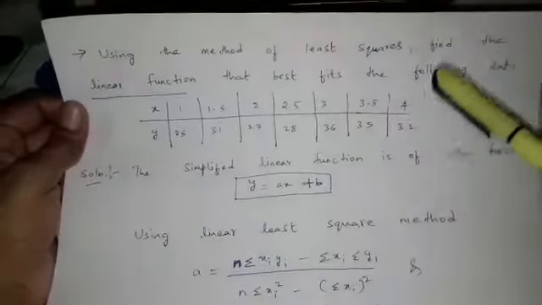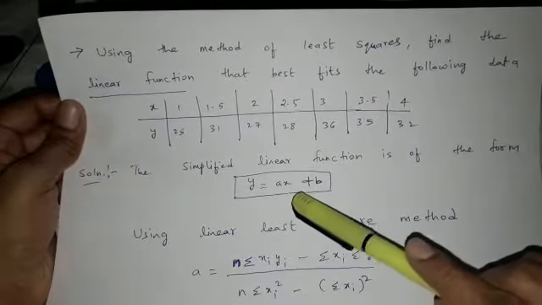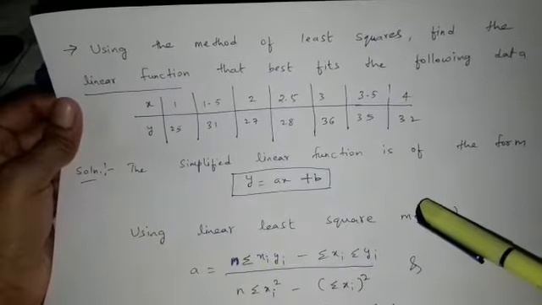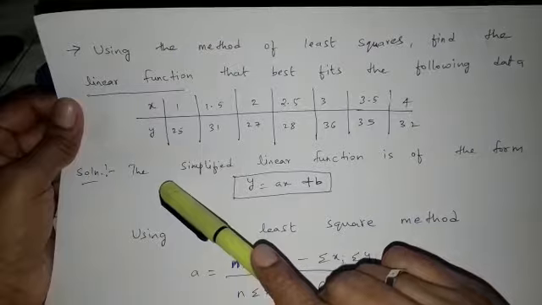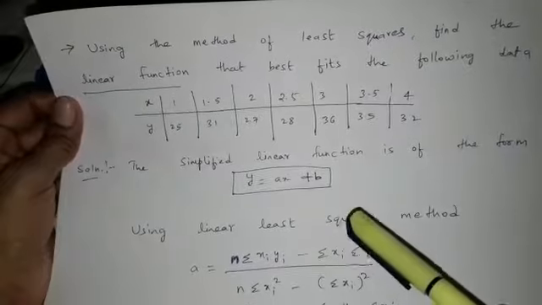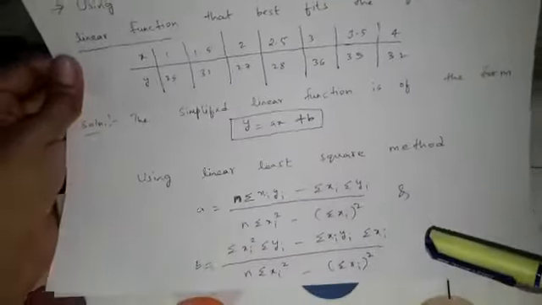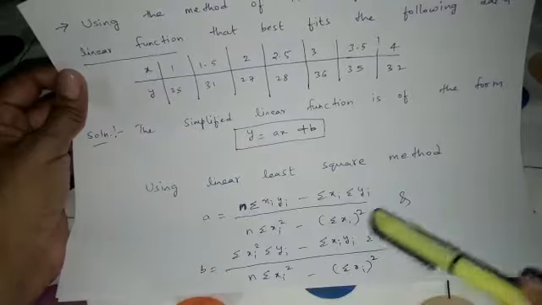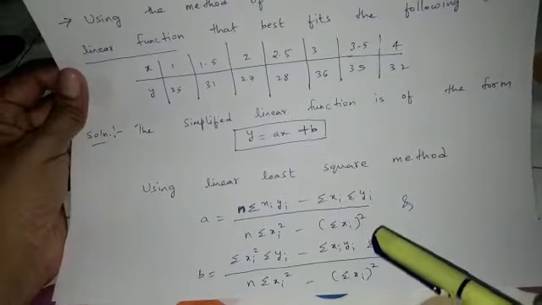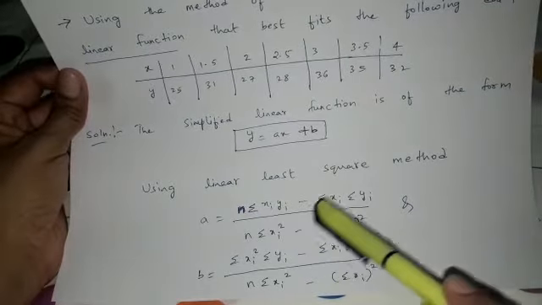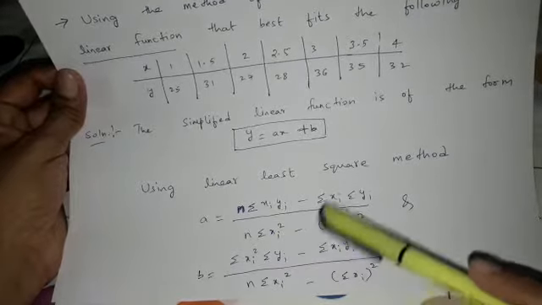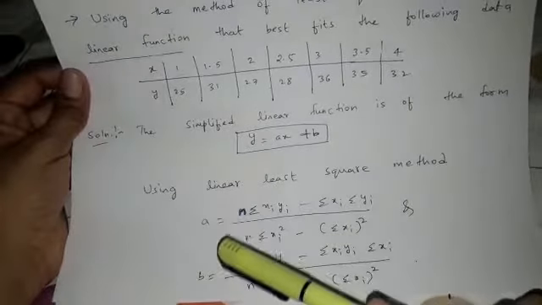In the exam it will be given like this, and your solution should be written clearly, each and every step. Start with the simplified linear function of the form y is equal to ax plus b. Using the linear least square method, the value of a is given by this formula and the value of b by this formula. Let's find summation of xy, summation of x, summation of y, and summation of x square, and then substitute these values in the formulas to get a and b.